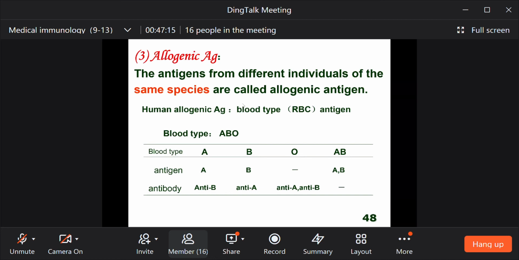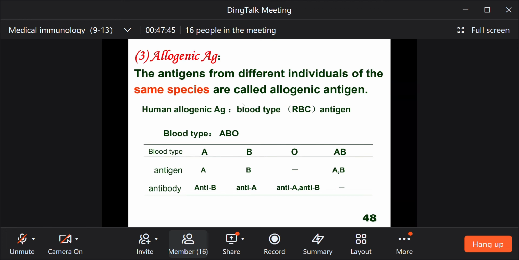So we can imagine that if the first person's blood type is A, and he has lost blood and needs a transfusion.